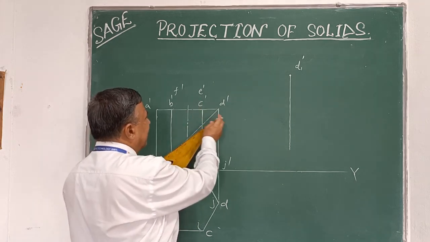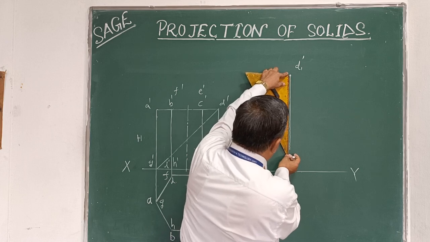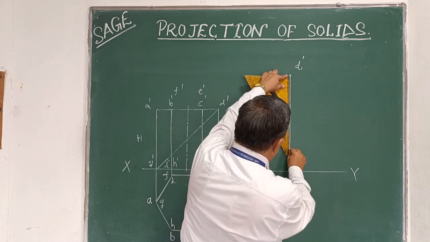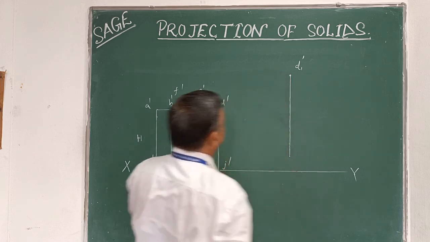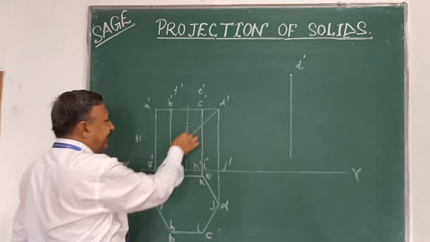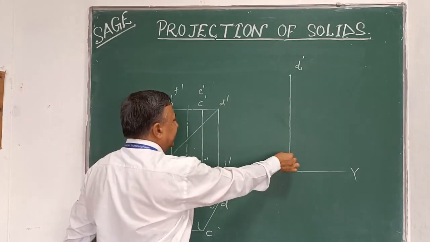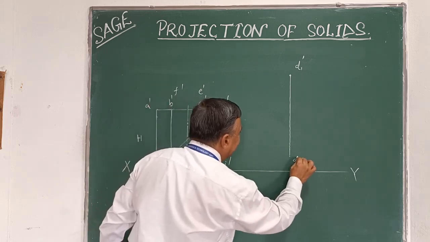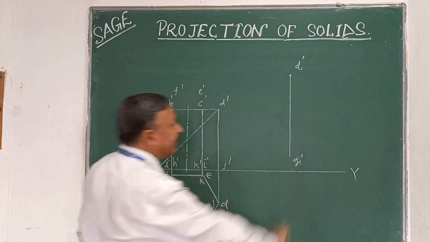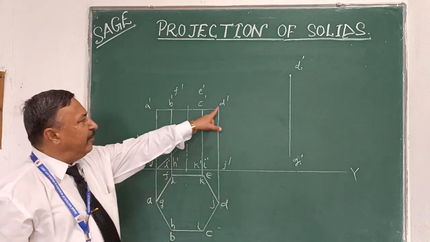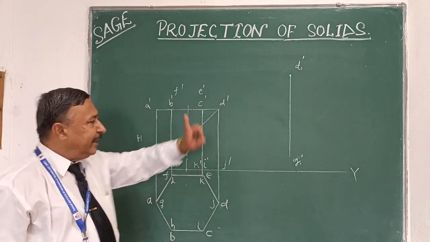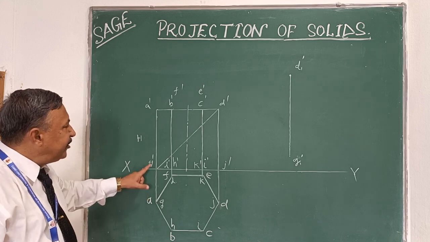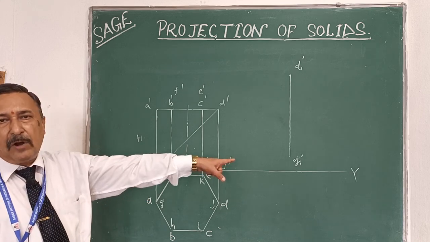Now start copying this drawing here in the same manner. Suppose see the length. This is the length. We take the same length here, so this point is G1 dash. So first we draw D1 dash at top and G1 dash at bottom.